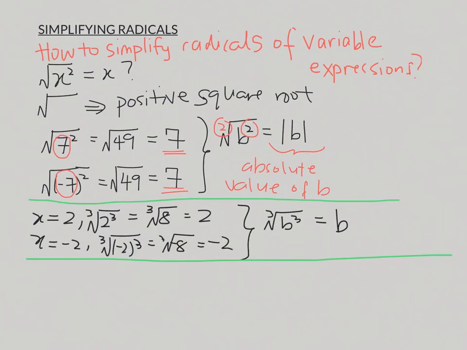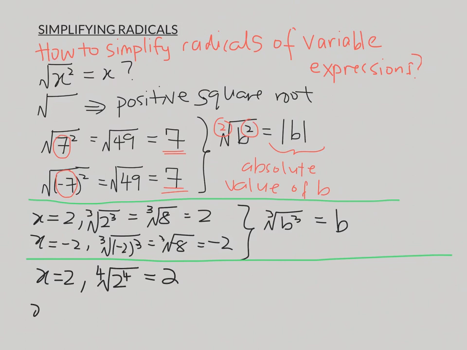Let's look at how we can simplify radicals when the index is 4. When x is equal to 2, the fourth root of 2 to the 4th is equal to 2.